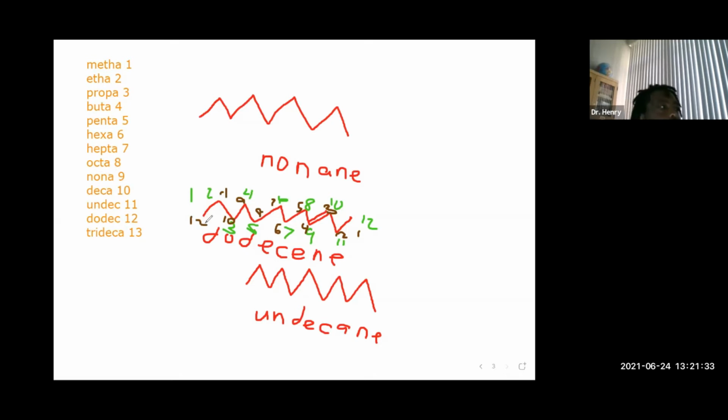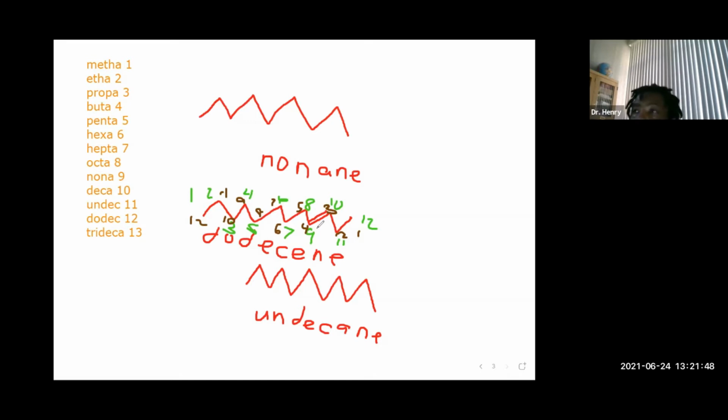Now, the way I decide which one I'm going to use is where is the nearest functional group. So is it the green numbers or is it the brown numbers? It's the brown, because this is our double bond.